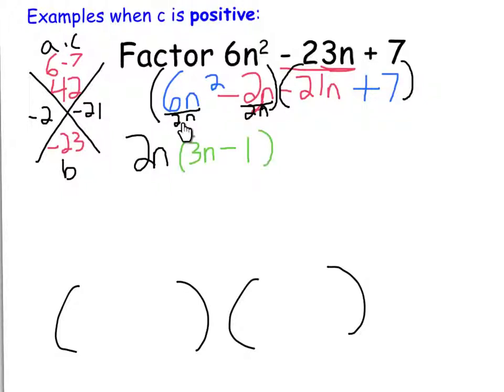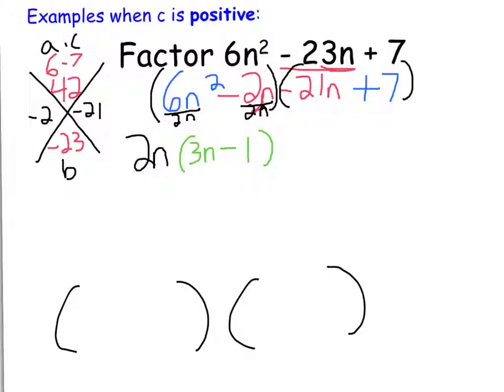If I divide this by 2n, I get 6 divided by 2 is 3. 2n's take away 1n is 1n left over. And I have 2n divided by itself, that gives me 1. 2 divided by 2 is 1, and n divided by n is 1. And the minus sign stays.